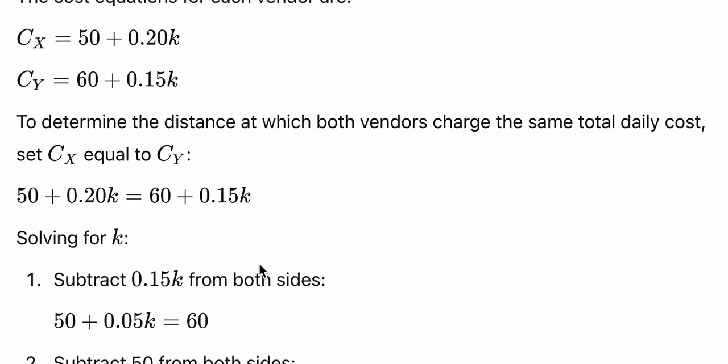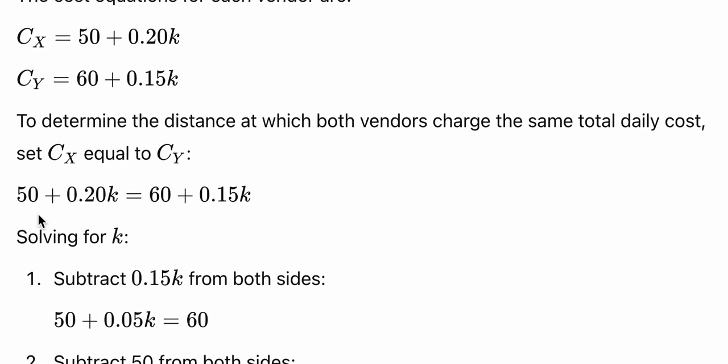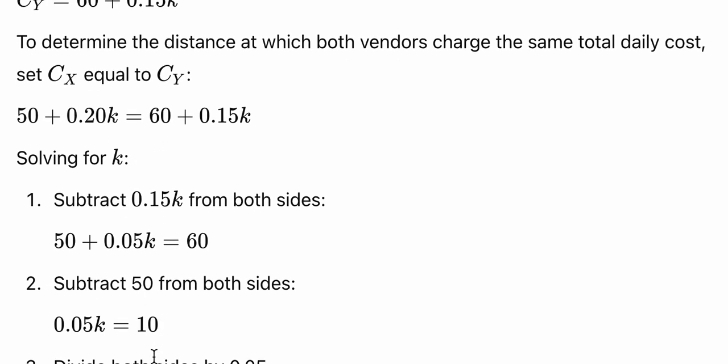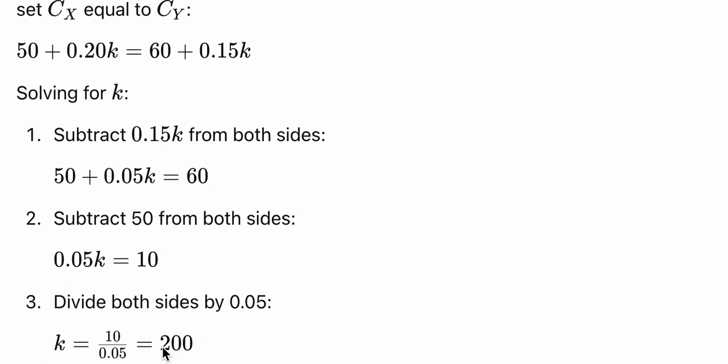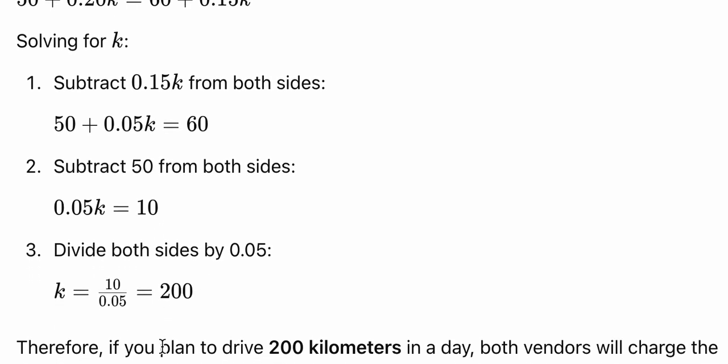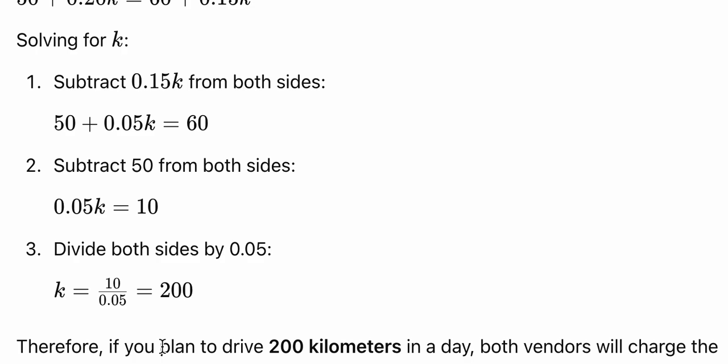So you do minus 0.15k on both sides, and minus 50 on both sides. So you have 0.05k equals 10. Then you divide both sides by 0.05. So 10 divided by 0.05, if you have a calculator, type it in. It should be 200. Therefore, if you plan to drive 200 kilometers in a day, both vendors will charge the same total cost.